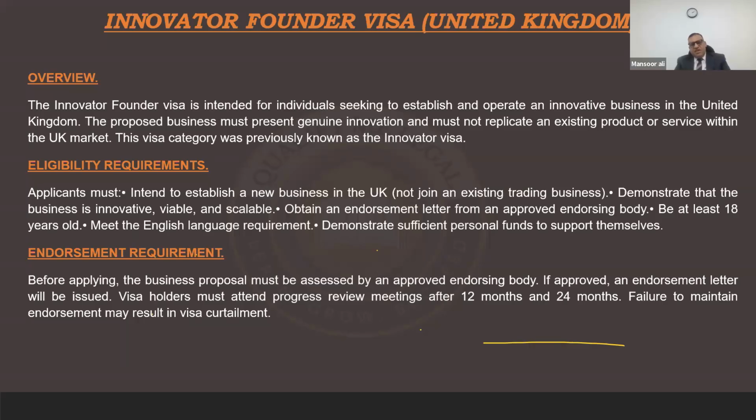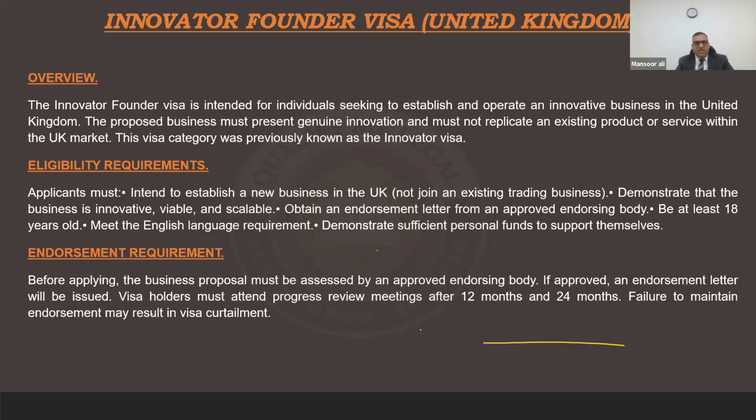After that, the endorsement body will be in touch with you after 12 months. They would conduct a progress review, and you have to maintain the progress.